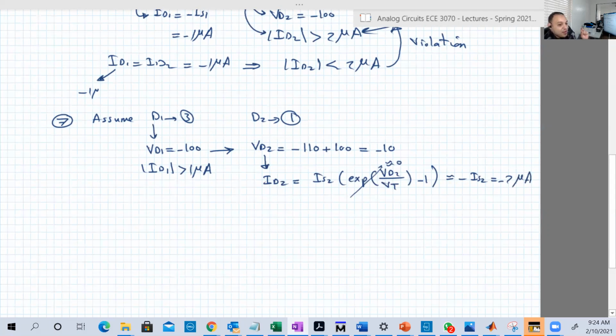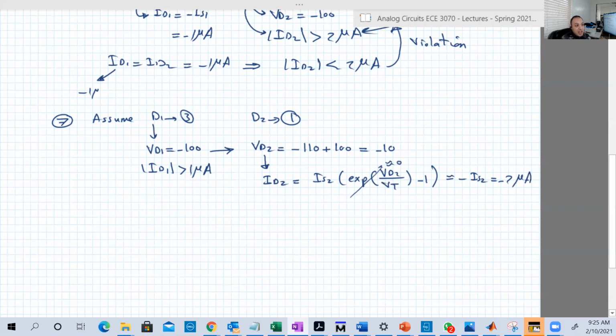And remember, when we are in region 1, ID should be less than the saturation current, the magnitude. It should be less than 2 microamperes. Okay, so that will give us a clue that we are really in breakdown, but D2 is in 2, not 1.